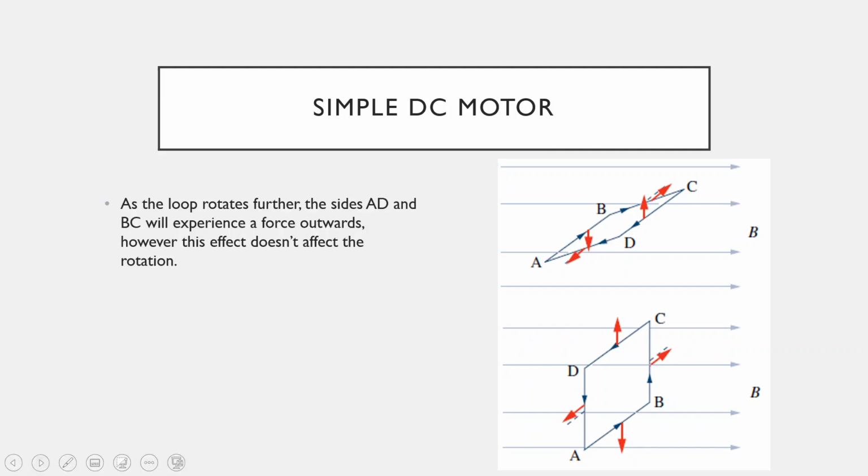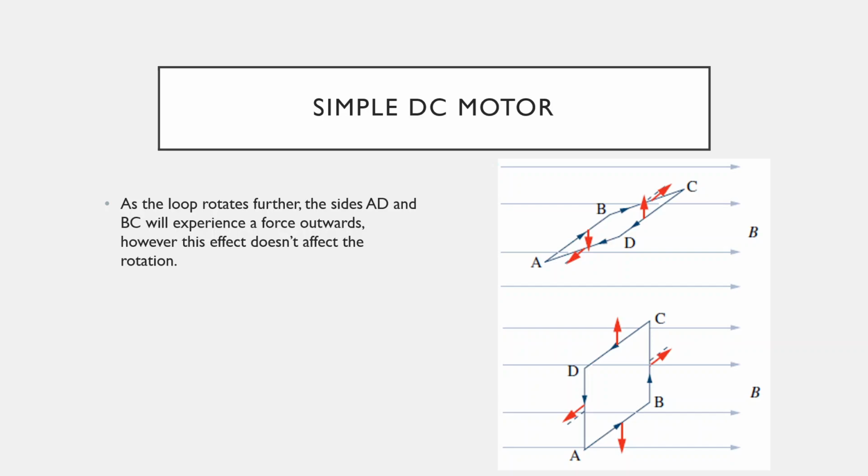Now it's interesting to know that in this position, because these two sides, BC and AD, now have a component of the current that is perpendicular to the field, those two sides will also start experiencing a force. However, because those two sides are completely opposite each other, the forces are going to cancel each other out.